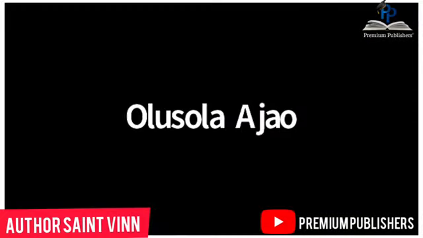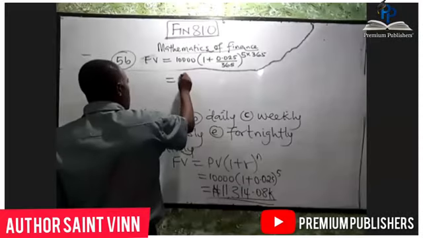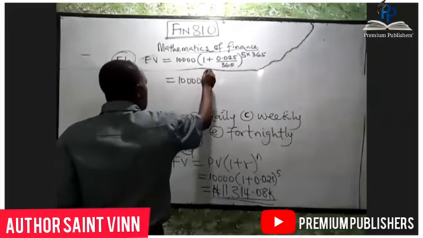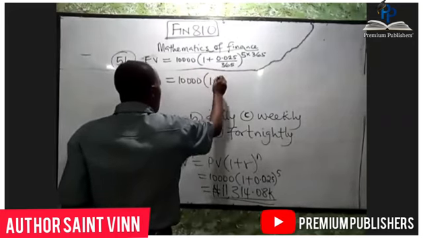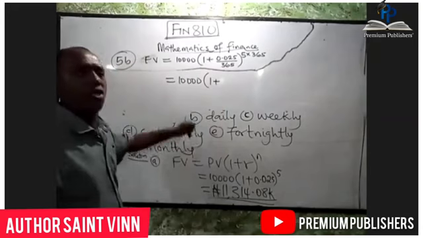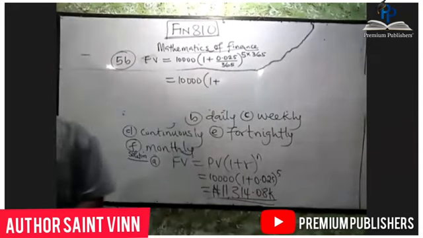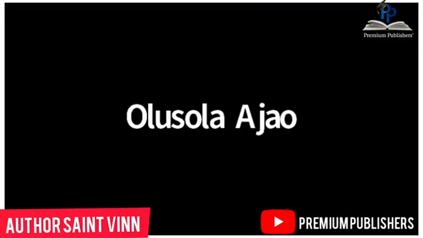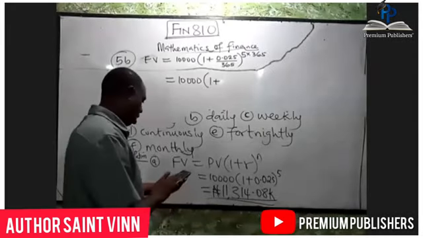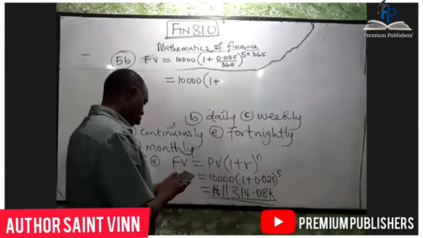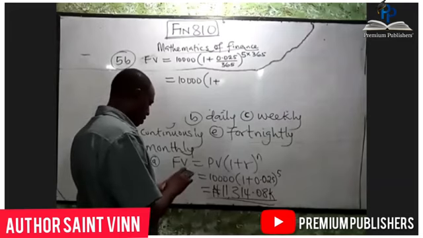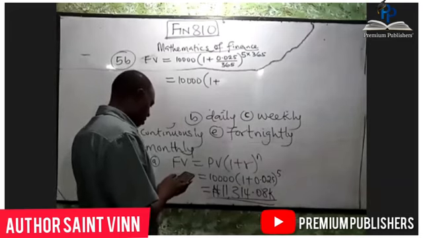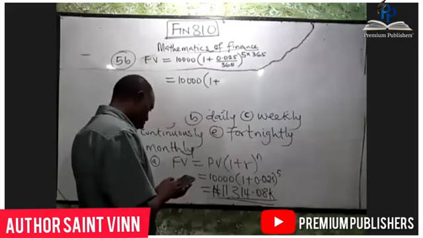It's going to be 10,000 into 1 plus 0.025 divided by 365.